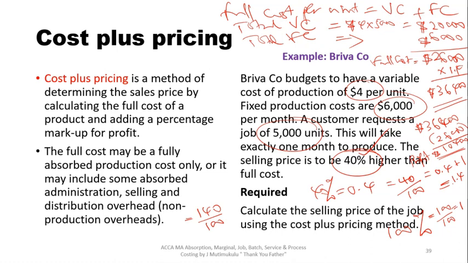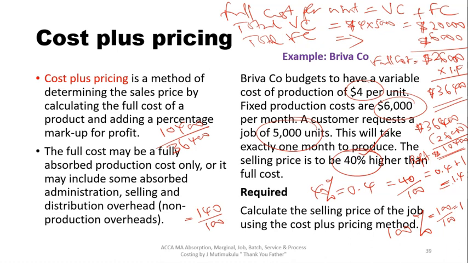So if we have to determine if 10,400 is actually 40%, we say 10,400 divided by the selling price, 36,400.